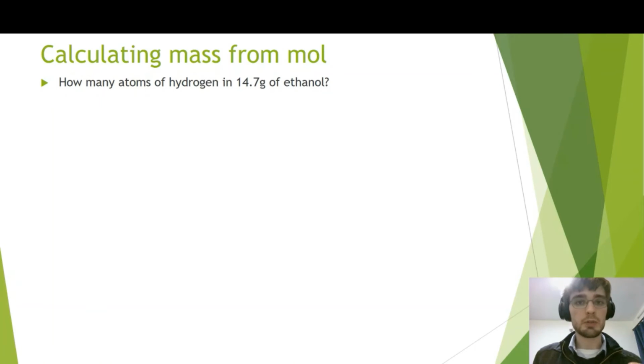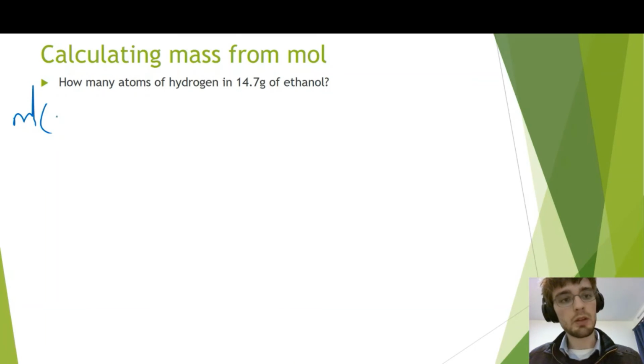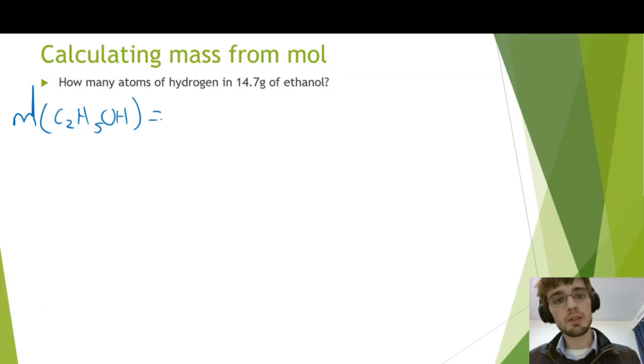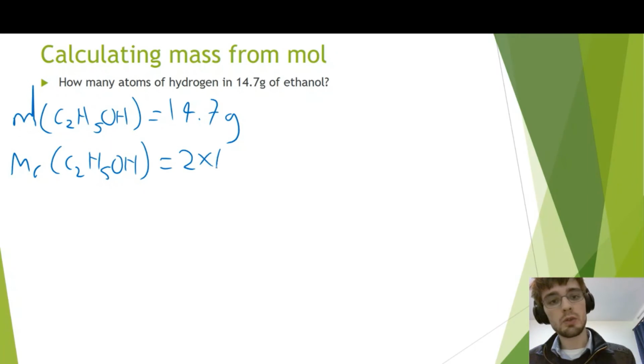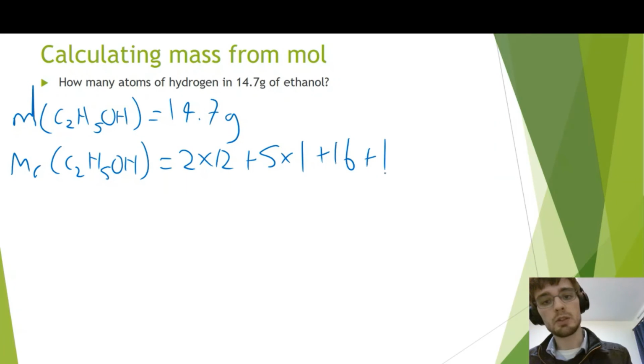So for this I'm going to just be using the equations because it's a little bit faster, but hopefully you should be able to do this using the cross proportions as well. So to start off with, we have the mass of ethanol, which is equal to 14.7 grams. You know, the relative molar mass is equal to 2 times 12 plus 5 times 1 plus 16 plus 1, which is equal to 46 grams per mole.